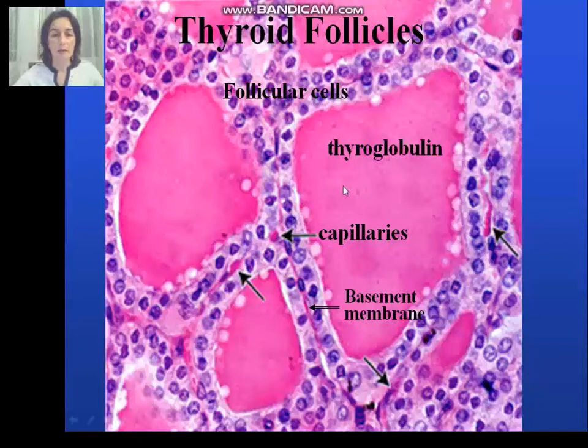The thyrocytes produce hormones. The thyroid gland produces hormones into the colloid and stores the hormones there. Then when it is needed, the cells will absorb the colloid and release the hormone into the blood circulation.